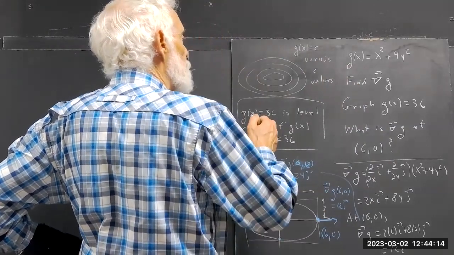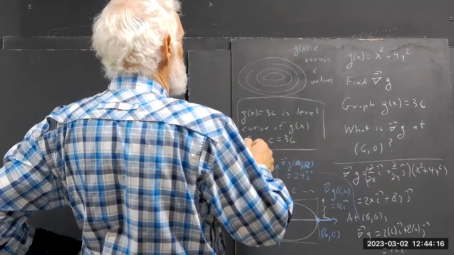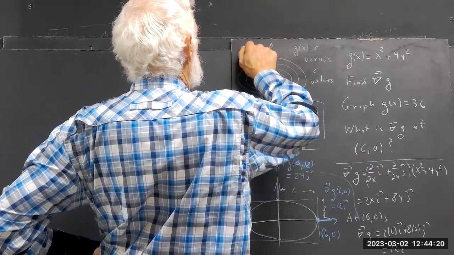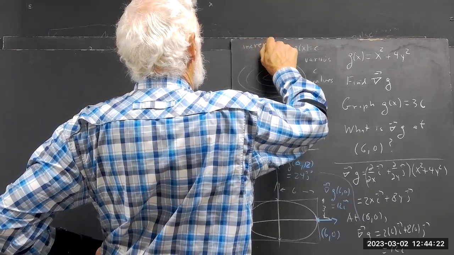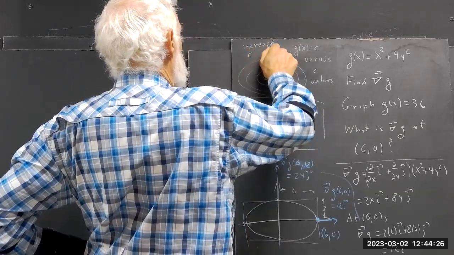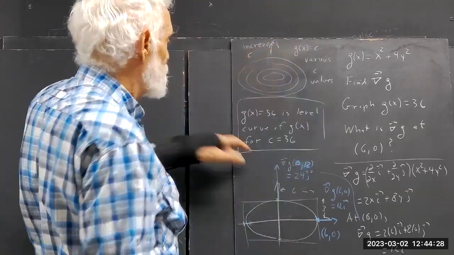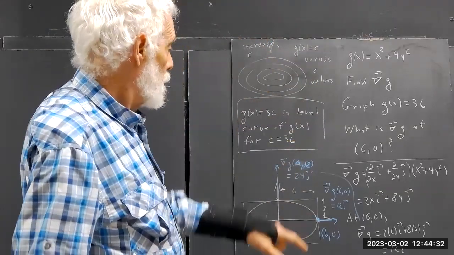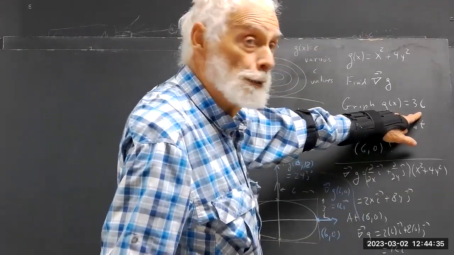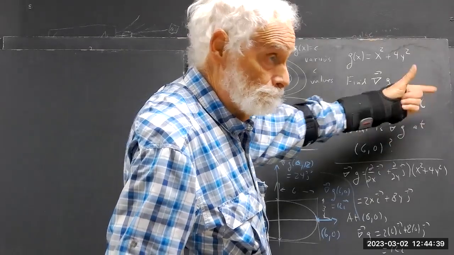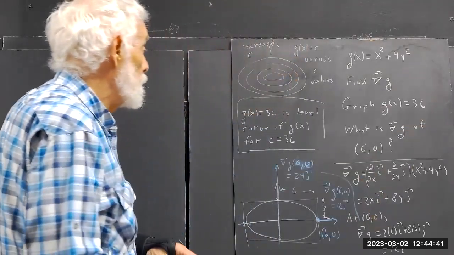What's the direction of maximum increase? That says increasing C. The C increases go out, because the bigger this number is here, the bigger your ellipse. That should be straightforward.